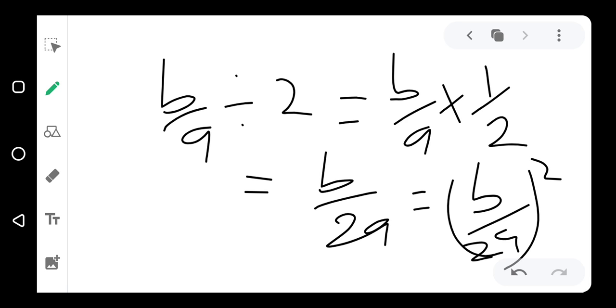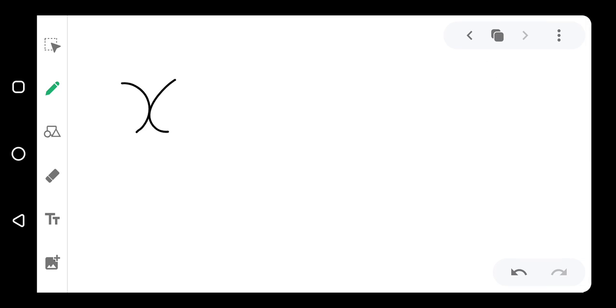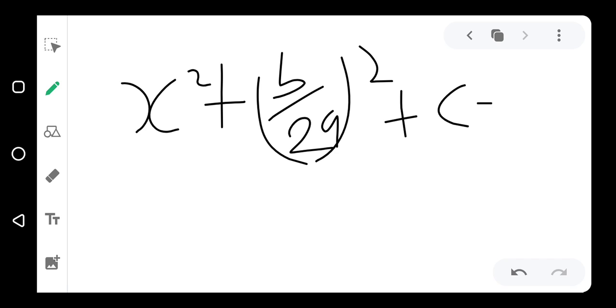Now we add and subtract this in the expression, and we have x squared plus b over 2a squared, then plus c minus b over 2a squared.